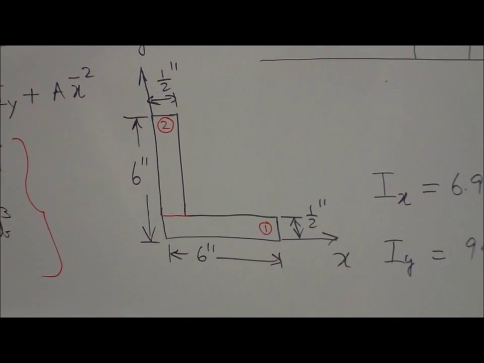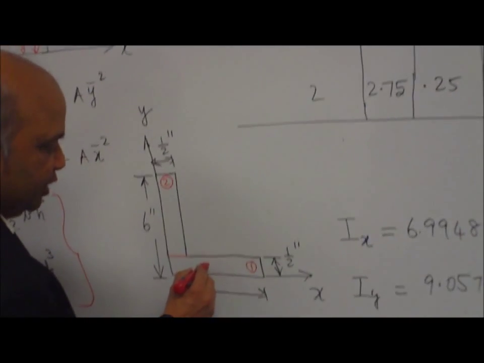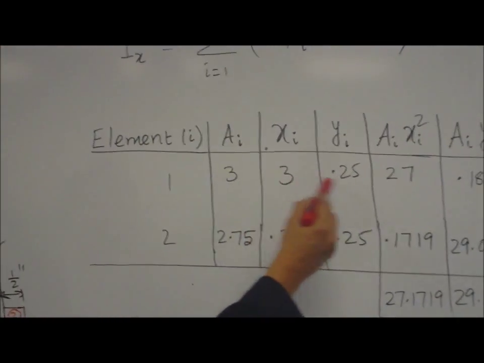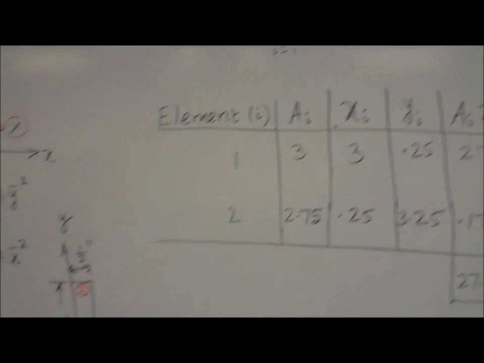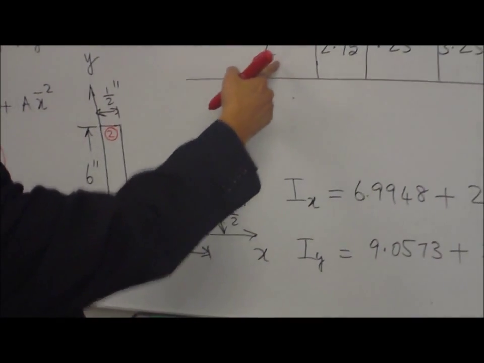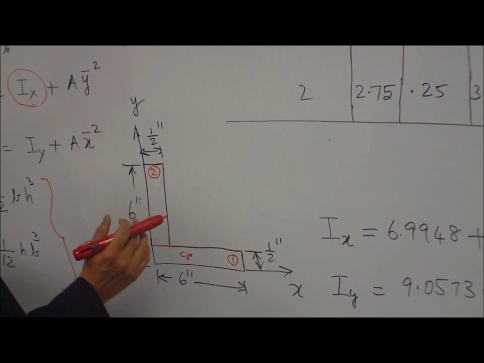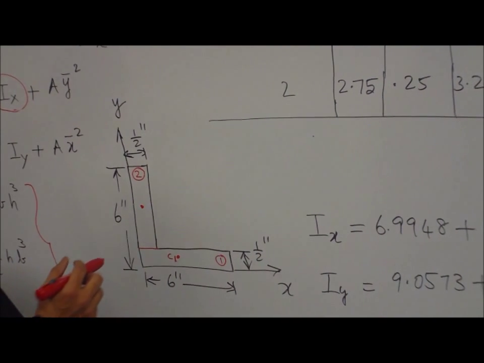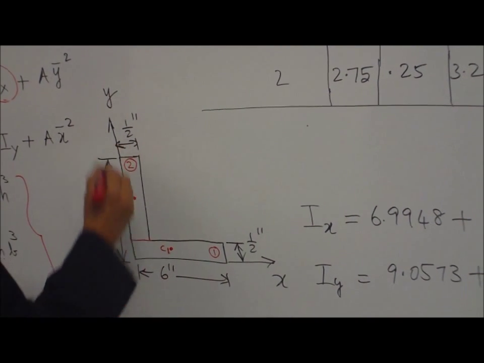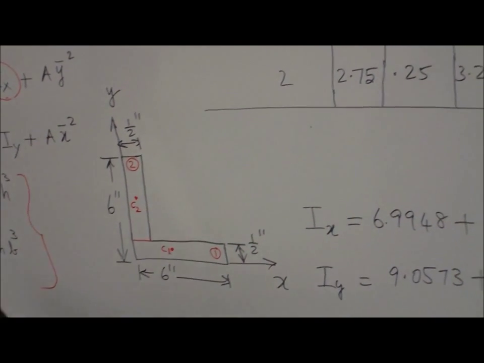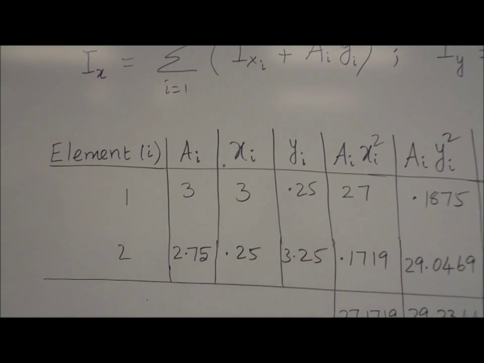For element 1, we have the area and the centroid of element 1 with respect to the xy axis, which gives you x i and y i, the x coordinate and y coordinate of this element, C1. Same here for element 2: the area of rectangle 2 and the centroid of the second rectangle with respect to the xy axis, called C2. Those coordinates of C1 and C2 are given in the x i, y i columns.